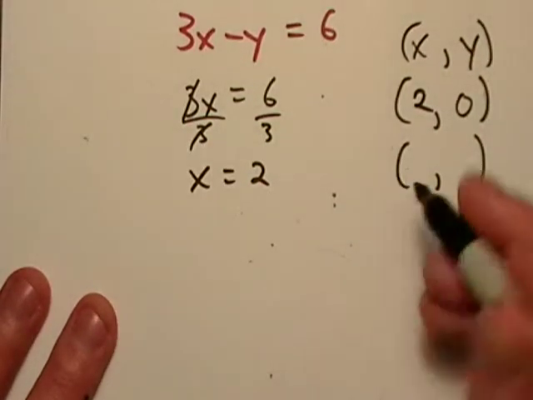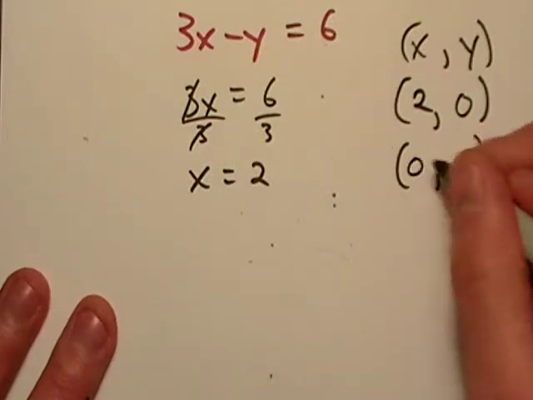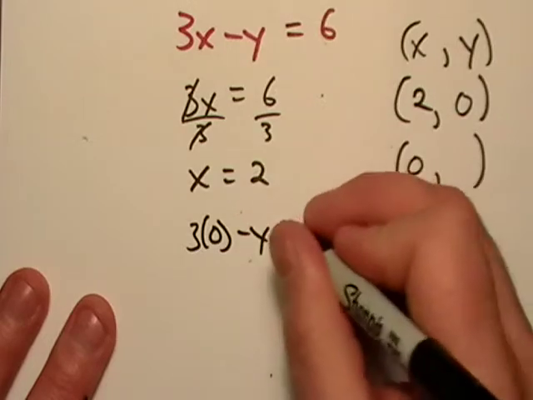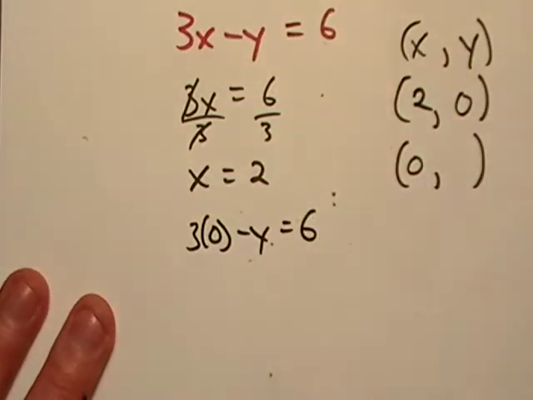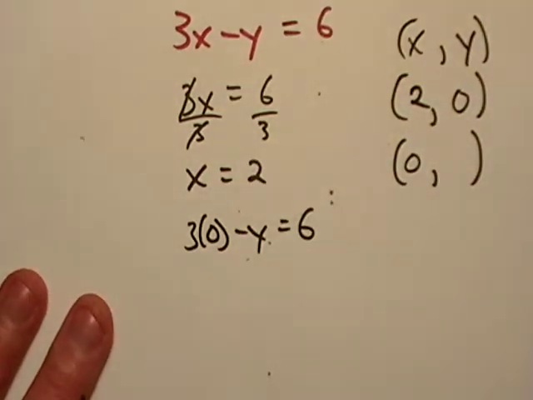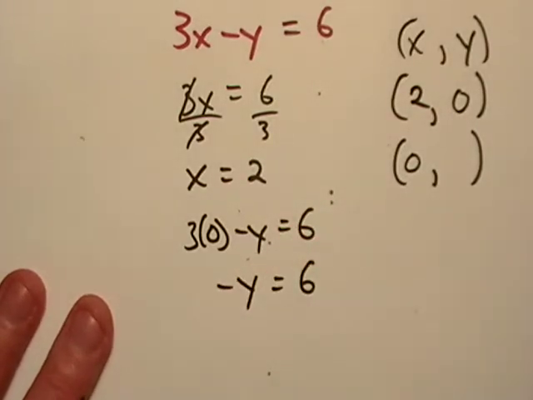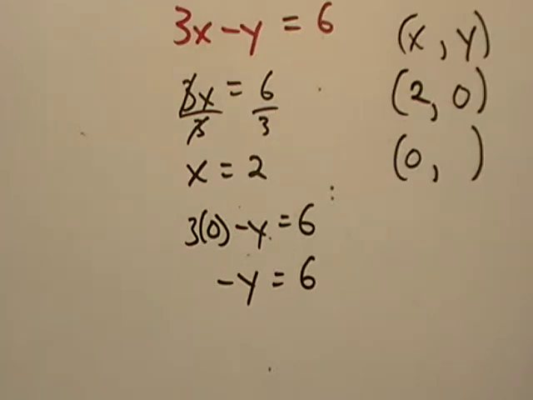And let's see here. Let me put 0 in for x. I get 3 times 0 minus y equals 6. That means negative y is equal to 6. Now there's a couple things you could do right here because you get this negative y.